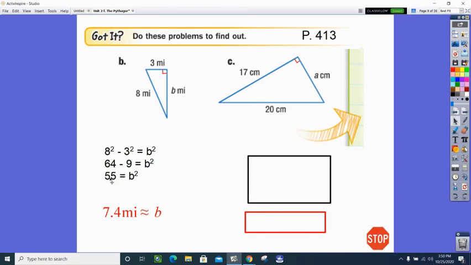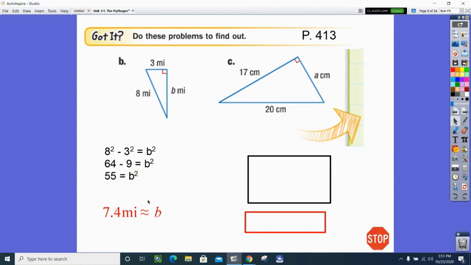I mean, if we think about it, 55 on the perfect square trail was between 49, which is 7 squared, and 64, which would be 8 squared. So you'll notice that its square root is in between 7 and 8. We talked about that quite a few lessons ago. So you can kind of already have an idea before you take that square root to make sure you didn't hit the wrong button in the calculator.